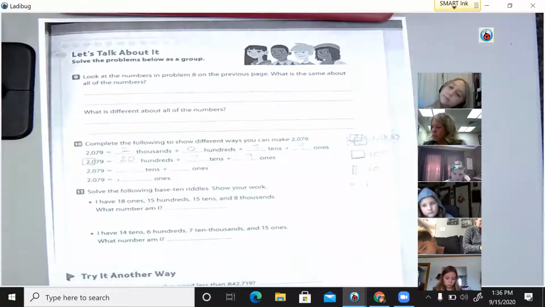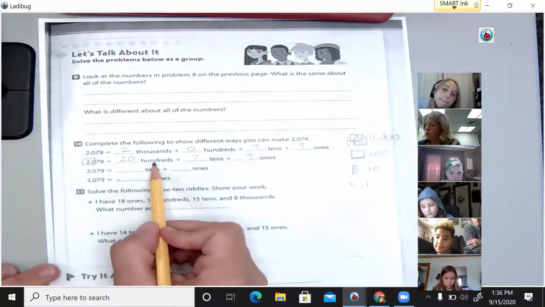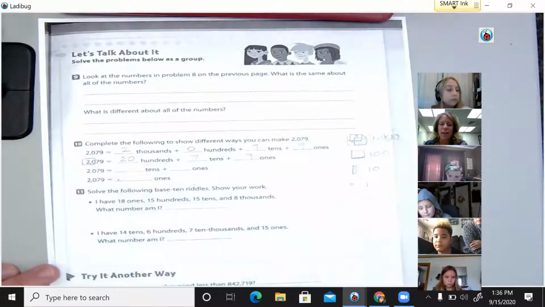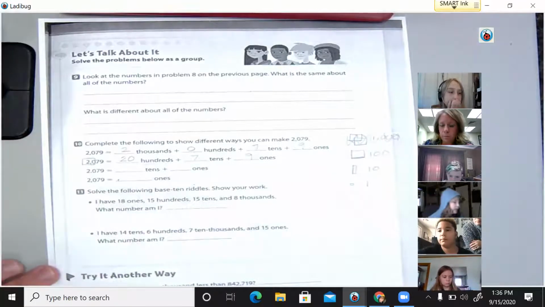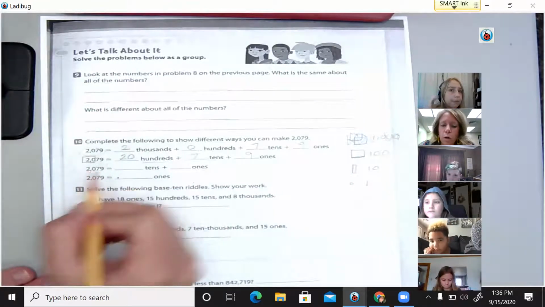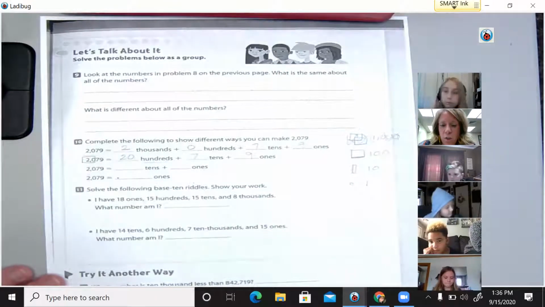Okay, Trace, on this next one, they've eliminated the hundreds, so we only have tens and ones. Which digit in this number is the tens place? Hold on 1 second. Listen to my question, honey. The 2, the 0, the 7, or the 9. Which one of those is just the tens place? Which digit is in the tens?